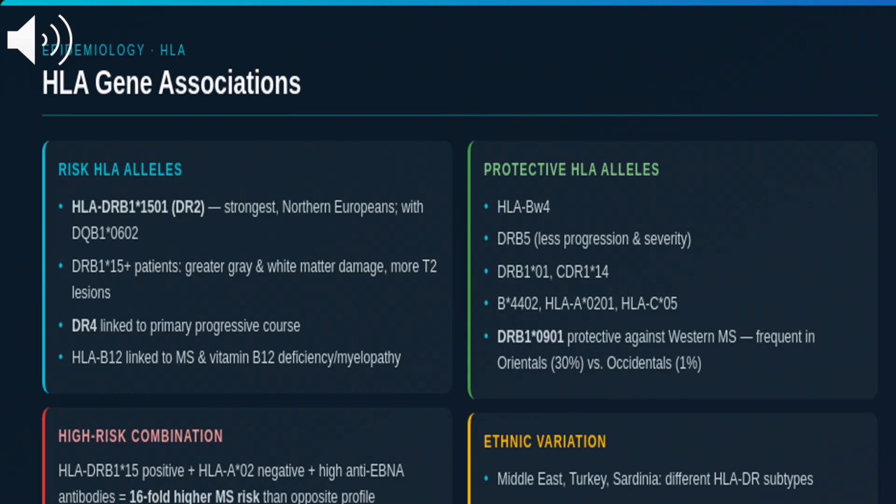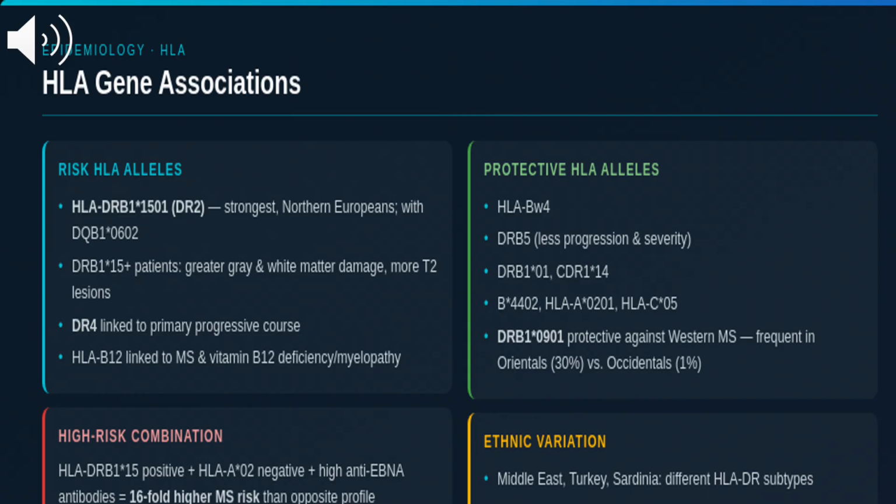This association is strongest in Northern Europeans, but also present in Japanese and Southern Han Chinese patients with Western type MS. Patients who carry DRB1*15 have greater gray and white matter damage and more T2 lesions than DRB1*15 negative patients. The susceptibility allele also influences severity.